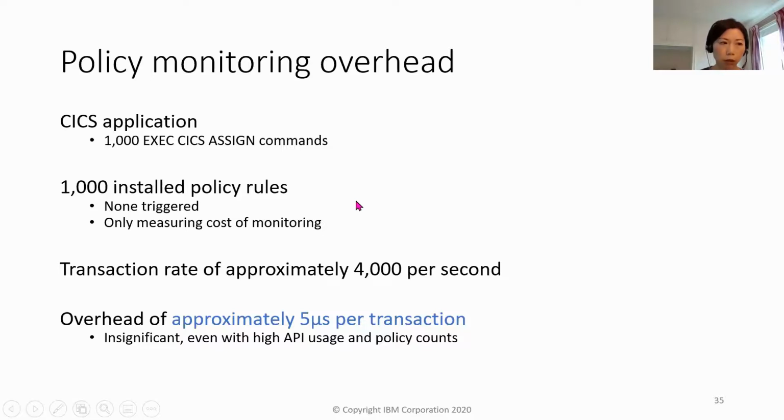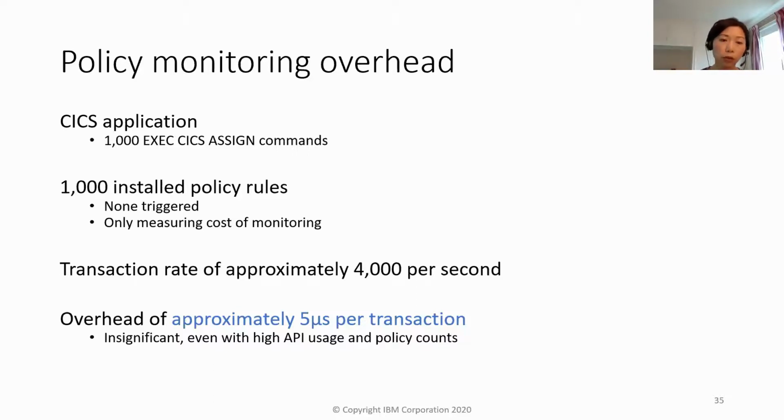We don't want to measure how much CPU is used when an action is triggered, because an action can be a message, or an event sent out to MQ or HTTP, or it can be changing your WLM health level. So it depends what action you want to take. We didn't measure that because that varies, right?